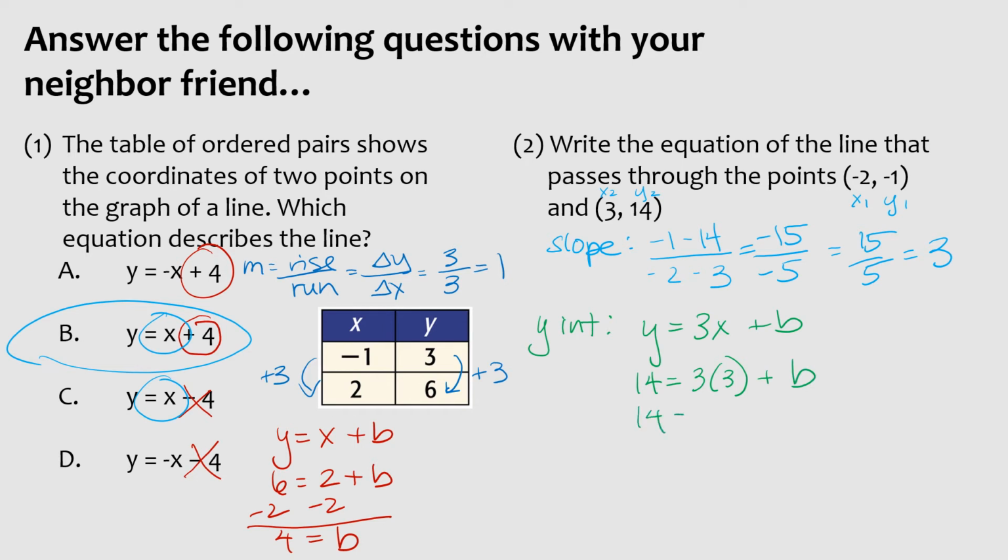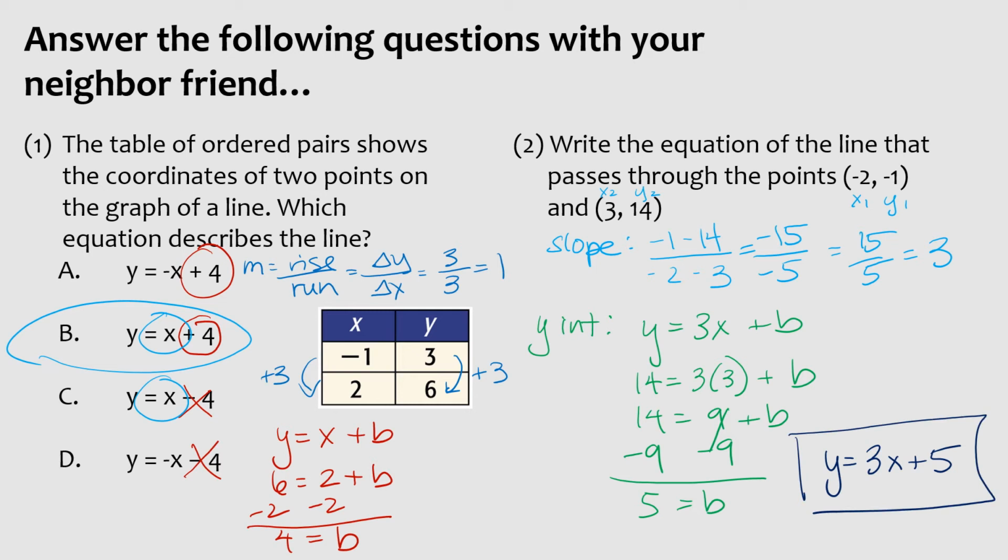So that's 14 equals 9 plus b. I'm going to subtract 9 from each. Some mental math there. That's b equals 5. So then if I'm going to write my equation, that's y equals m, that's my slope, 3x plus 5. There you go. But you got that because you are amazing.